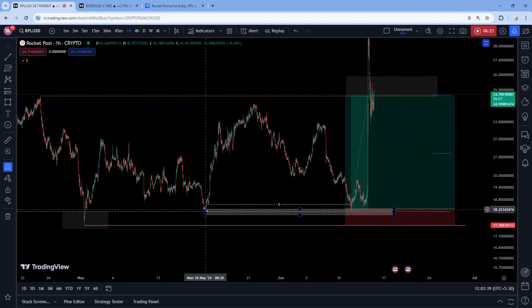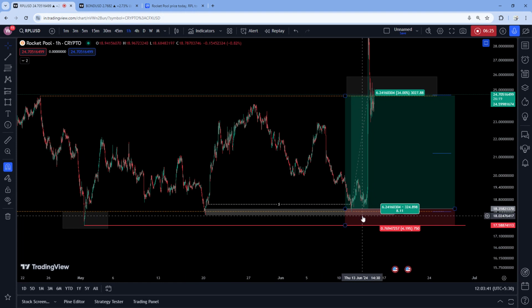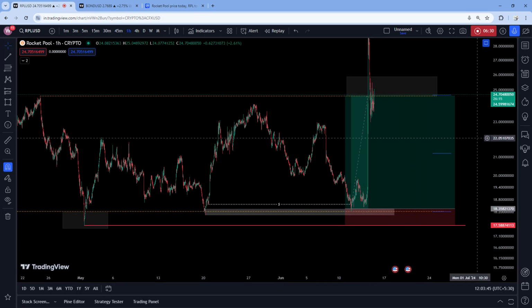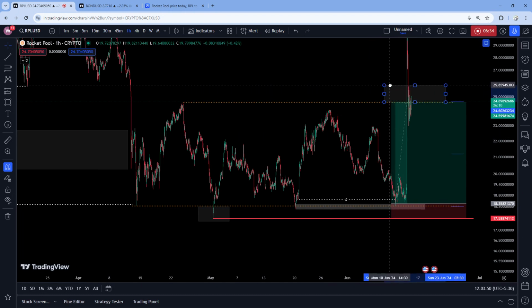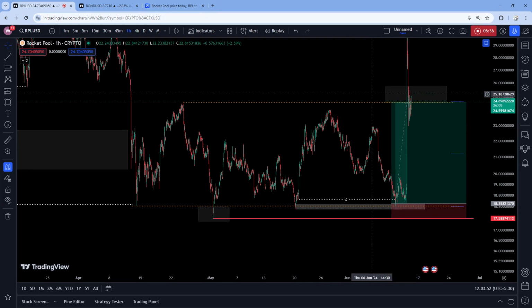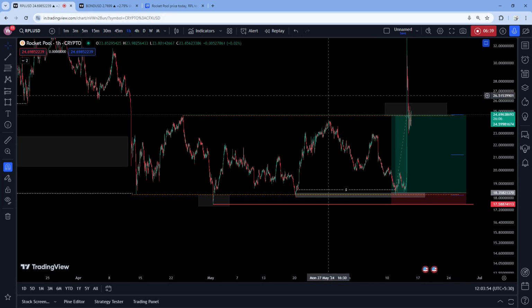So this is that 1 hour order block. If the price would hold for 4 hours or 1 hour below this order block, I would have manually closed this trade. And the target was obviously, as I said, liquidity in the opposite direction of the range.